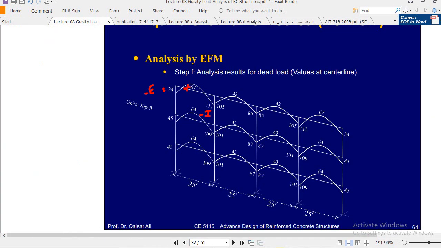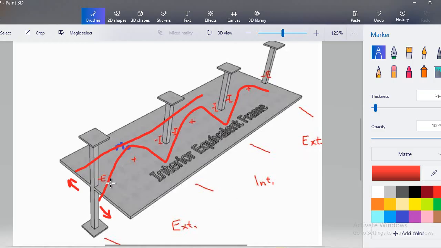Clear? I am not explaining those things because I already explained them in those lectures, so please go and watch those lectures. What I mean is that the moments have to be distributed in the lateral direction. Now, remember that in the equivalent frame method, we directly obtain these longitudinal moments, as you see here.